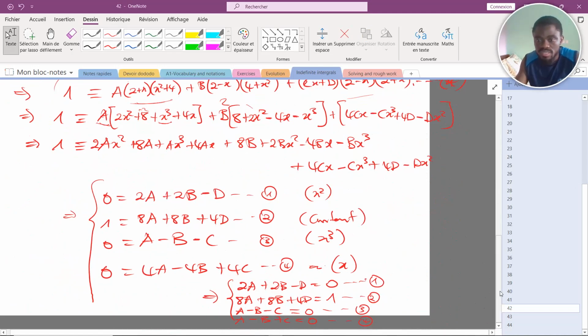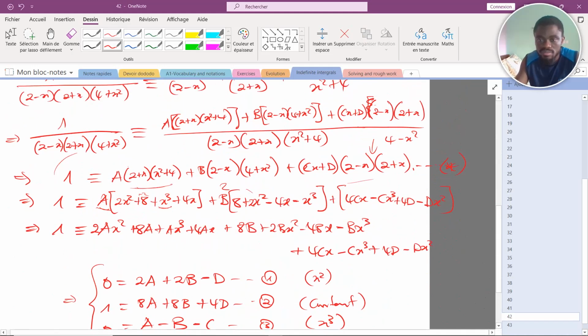From this equation star, let's say we want to find a. To find a, we need to make this term 0 and this term 0. You understand? So for these two terms to be 0, what I will need to do is substitute 2 here, 2 here, 2 here.